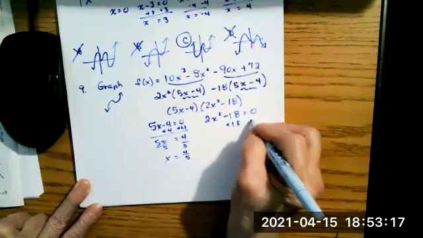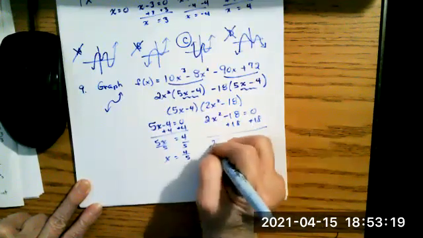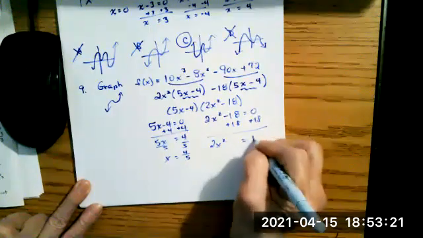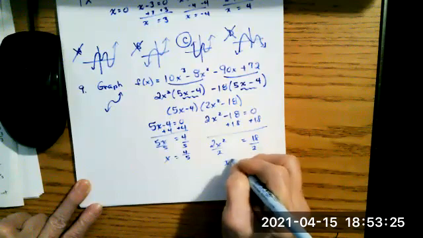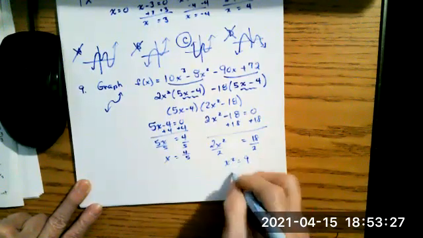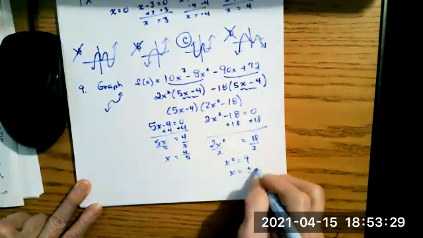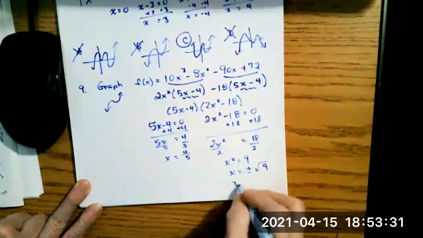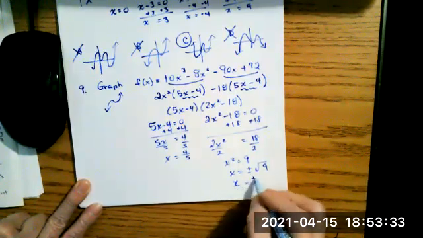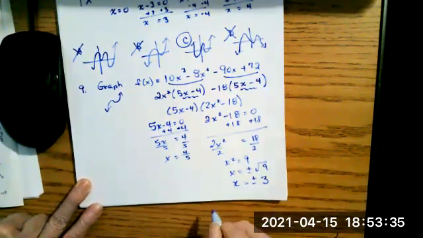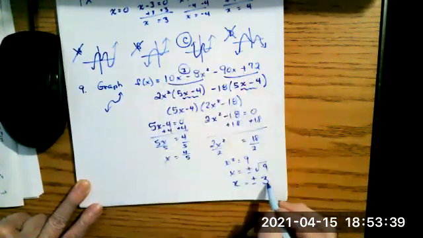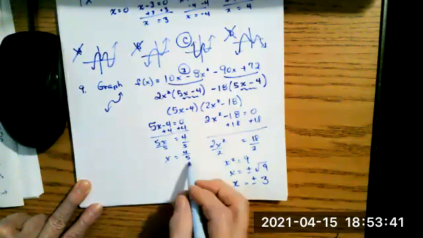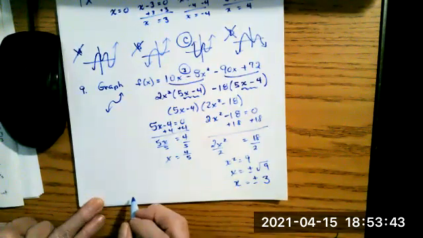Let's add 18 to both sides since I don't have an x term. Divide out my 2, I get x squared equals 9. So x equals plus or minus the square root of 9, which is plus or minus 3. So I have my 3 zeros here. It's a cubic. One of them's 3, one of them's negative 3, and one of them's 4/5. That's where they have to cross.